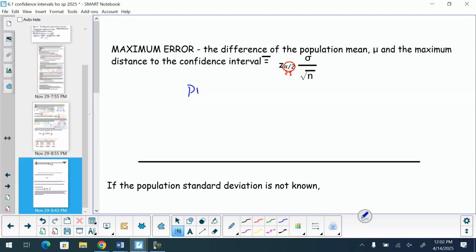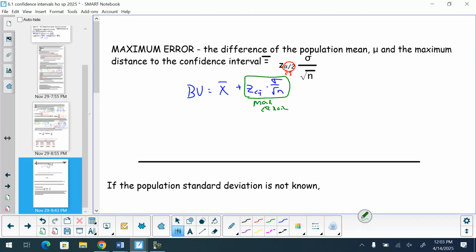Your boundary values are calculated by x bar plus or minus our z for the confidence interval times the standard deviation divided by square root of n. This here is your maximum error.